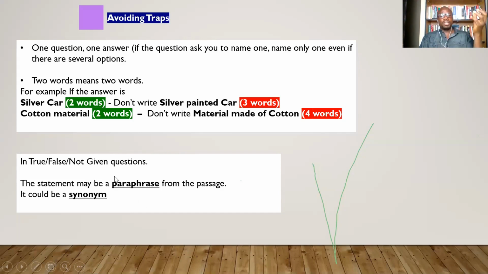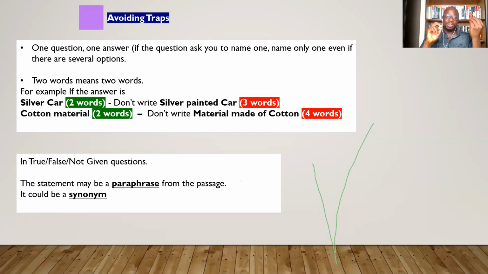Again, in true or false questions, watch out for paraphrase. When you're given a statement, you are supposed to go back to the passage and tell them whether that statement is true. But what they do sometimes is paraphrase the statement with a word in the passage, so they won't use the exact word. So watch out for paraphrase.